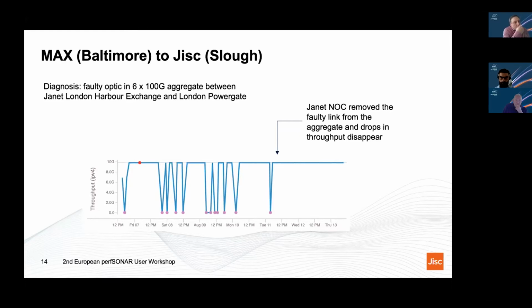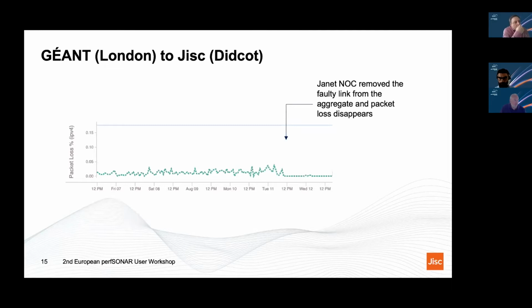So this plot again shows Baltimore to Slough, and I've indicated there with an arrow where they removed the faulty link from the aggregate, and then the dropouts disappear. And similarly here, the continuous packet loss disappears at the same time.